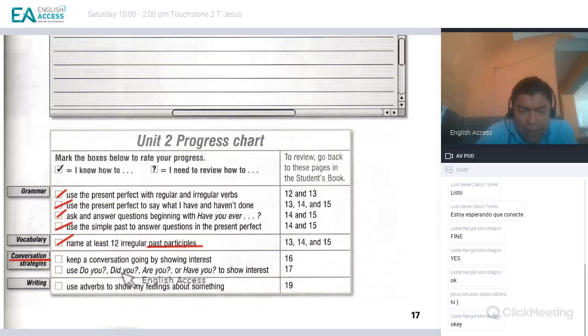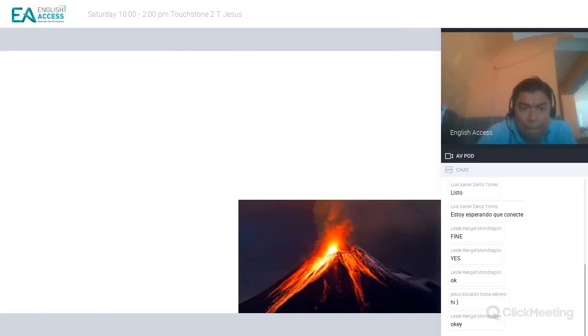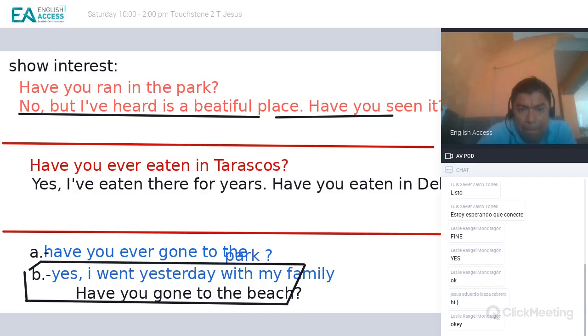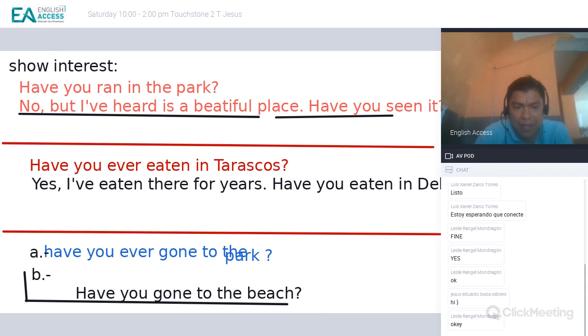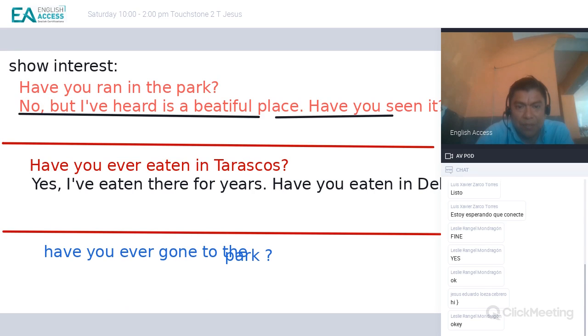Use do you, did you, are you, or have you to show interest. Now imagine that we have our answers without the continued conversation.